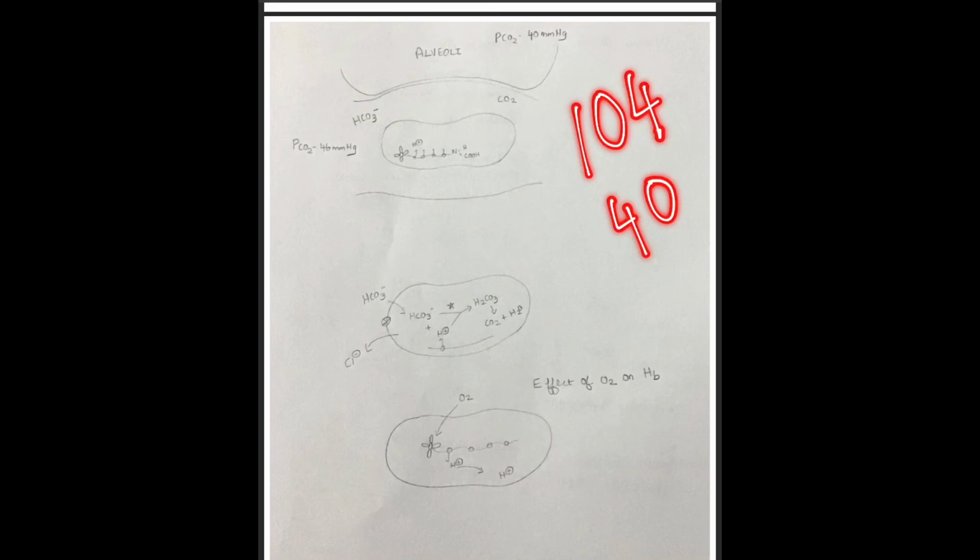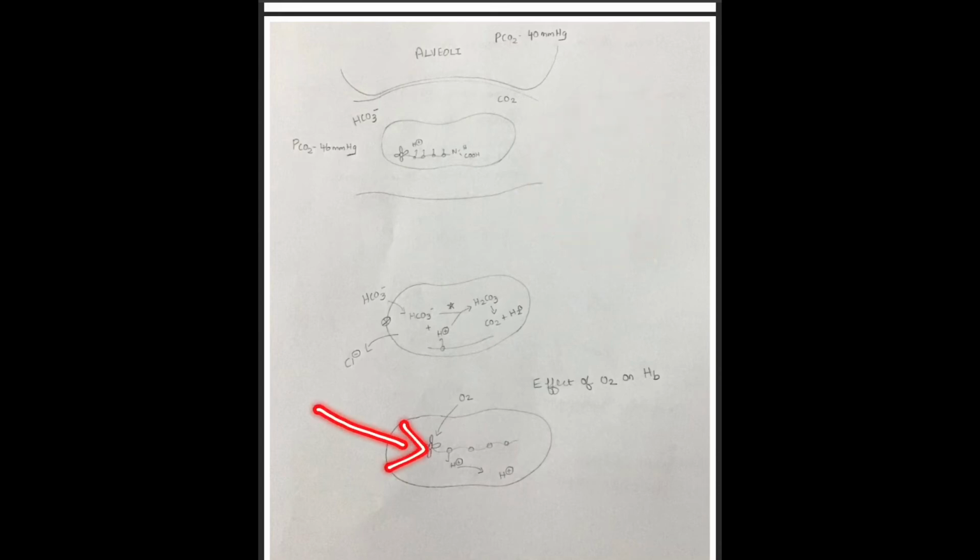So the oxygen is transported from a higher concentration gradient to a lower concentration gradient with a partial pressure. So this pressure will move the oxygen molecules into the 4 pockets of the hemoglobin.